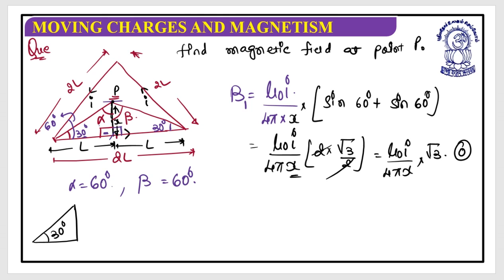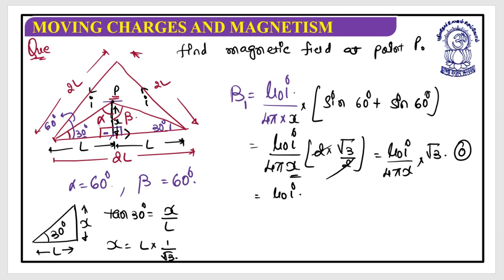This is the 30 degrees, this is the x which you are looking for, and this is the length L. So tan 30 degrees is equal to x by L. So x equals L multiplied by tan 30. And what is tan 30? It's 1 by root 3. So this is x.